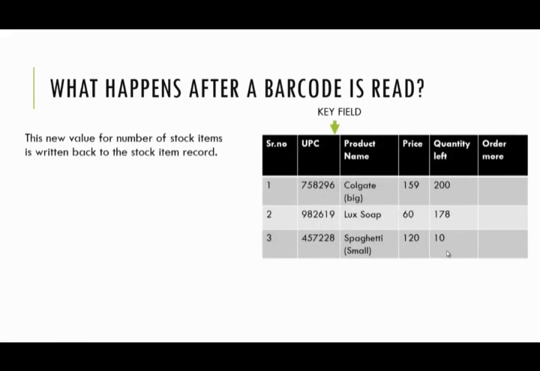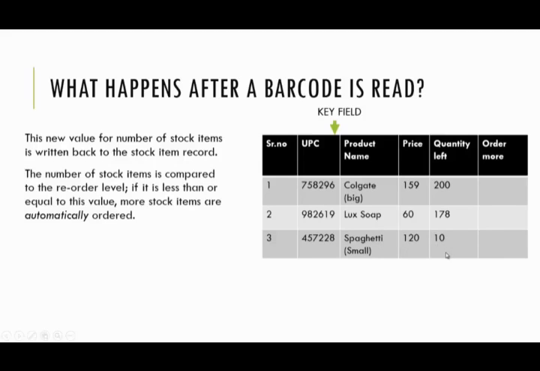The new value for the number of stock items is written back to the stock item record. So you see now it has become 10. Previously it was 11. I bought one pack of this spaghetti. Now it is 10. The number of stock items is compared to the reorder level. Notice that the last column says order more.